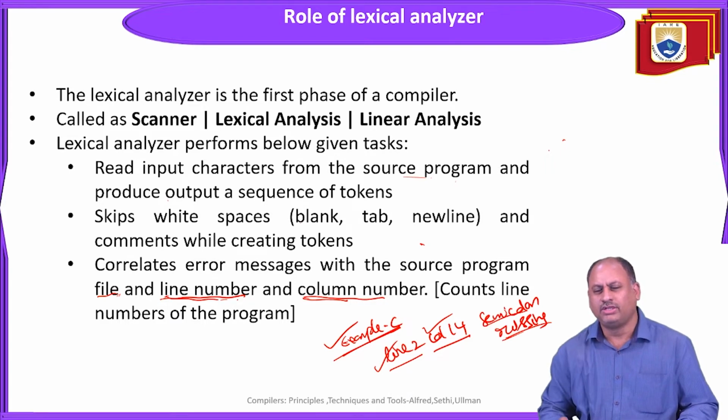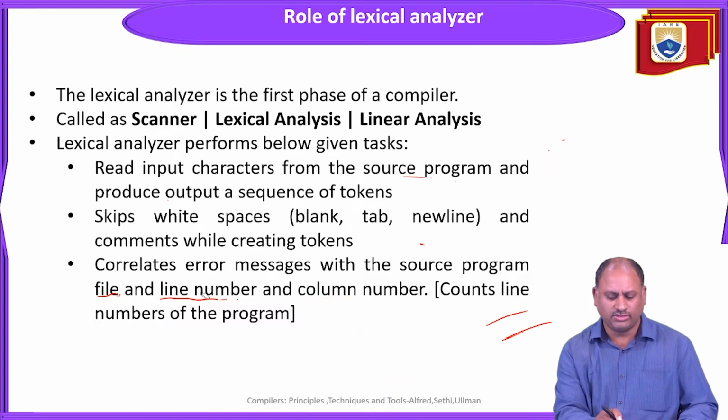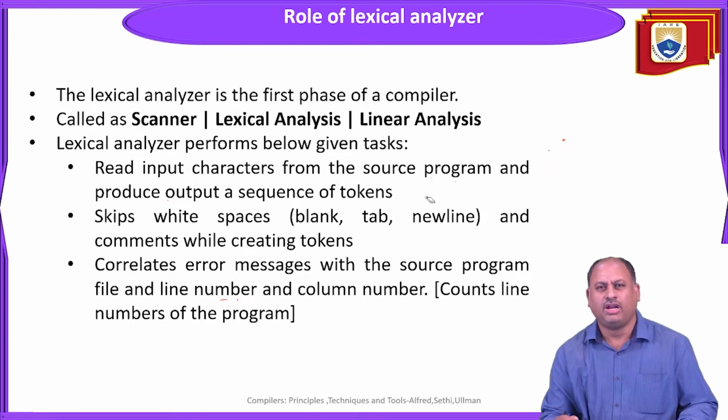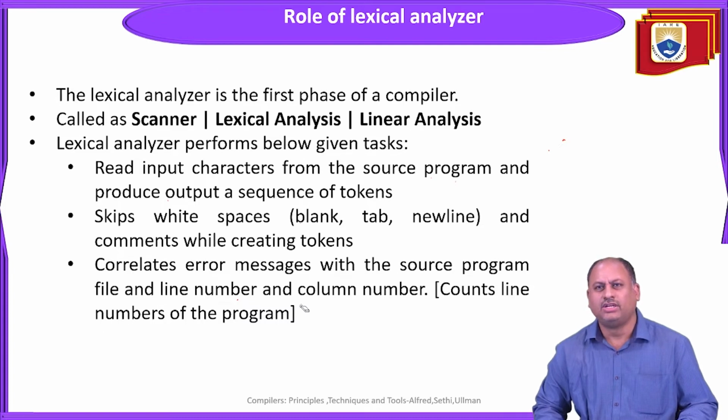It is delivered to the user so that the user can understand easily and rectify the errors by going to the corresponding line number. Once the semicolon is added, the compilation process starts again, and this time the lexical analyzer doesn't throw an error because the semicolon is available. So it proceeds to the next phase of the compilation process.